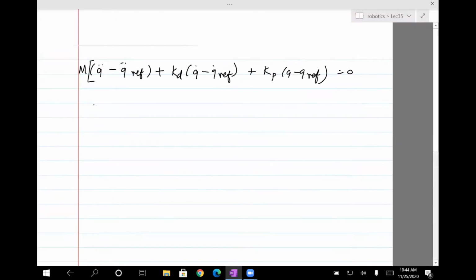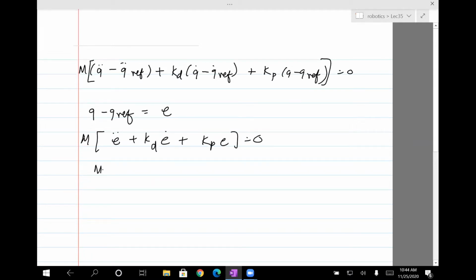Okay, now what we can do is we can write q minus q ref as basically the error, right? We want q to follow q ref. And so if you write that as e, then we can see that this is simply m times e double dot plus kd times e dot, sorry, plus kp times e equals 0.